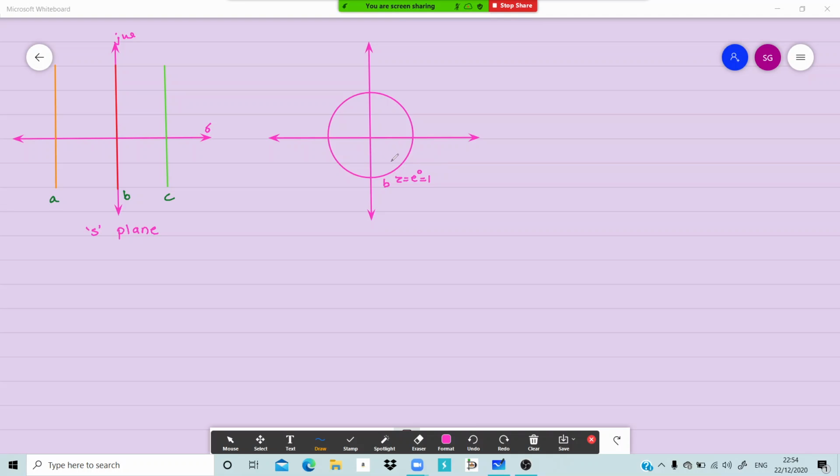So this has unit radius, and I'm saying it's 1.